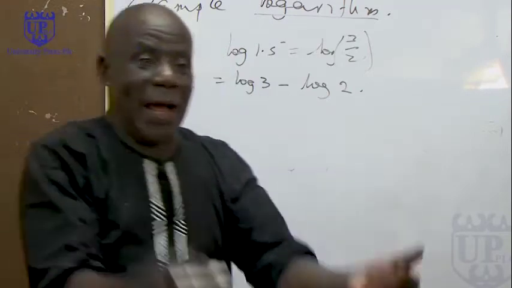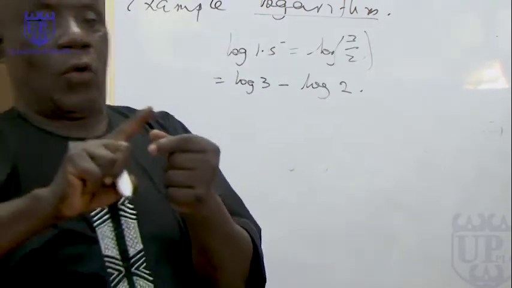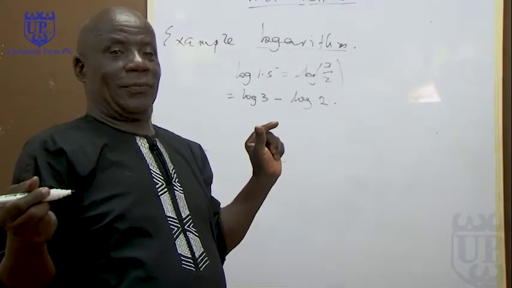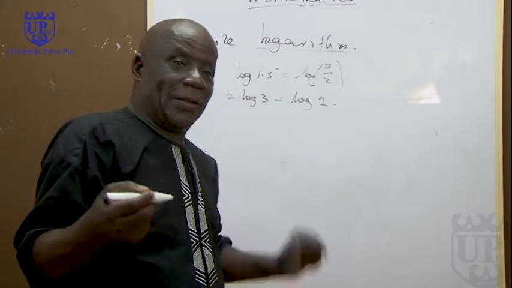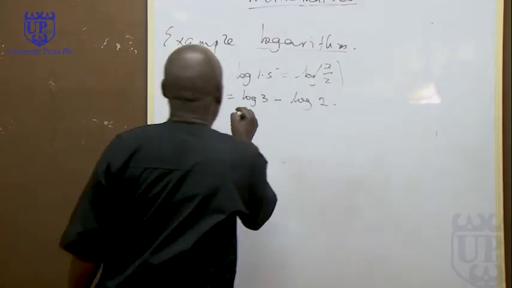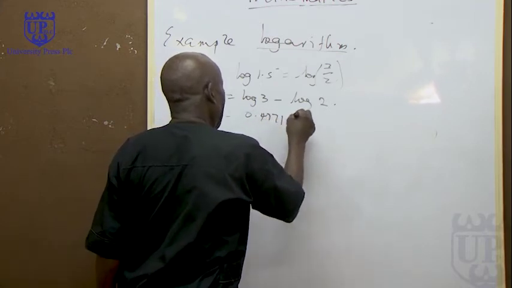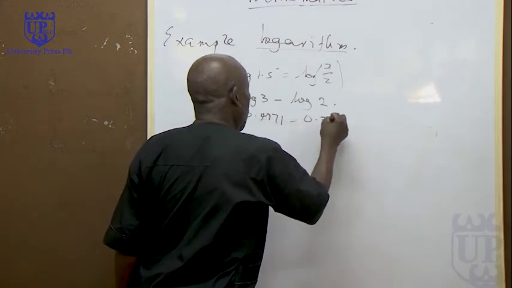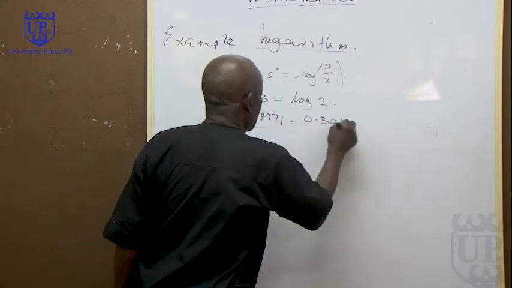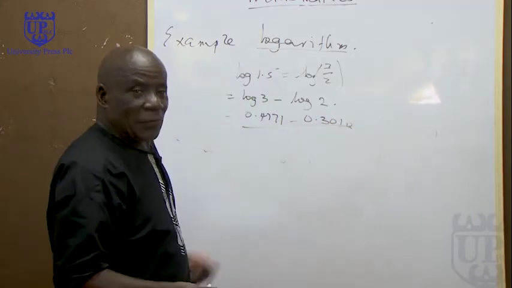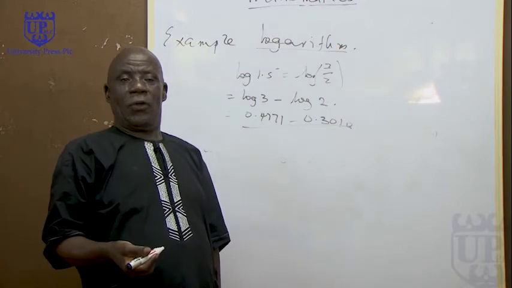You have been supplied with log of 3 and log of 2. Substitute. If you substitute here, this will be 0.4771 minus 0.3010. Then you find the difference, and that's the log of 1.5.